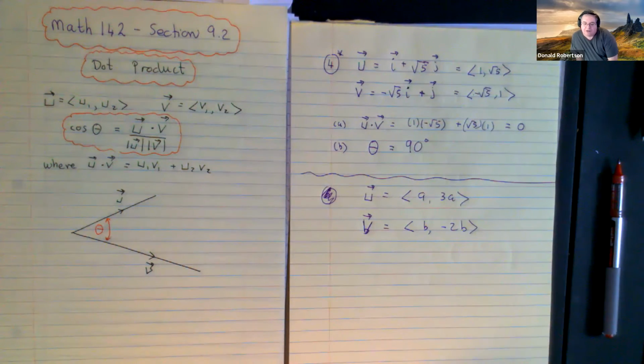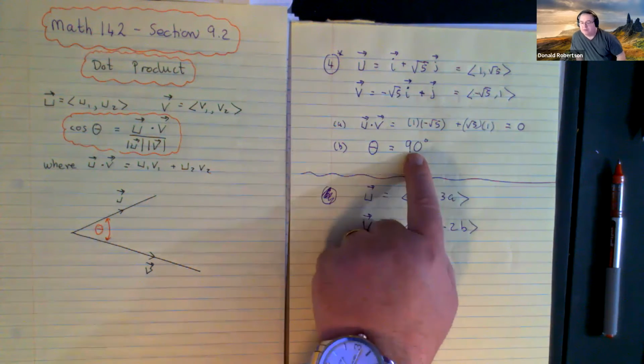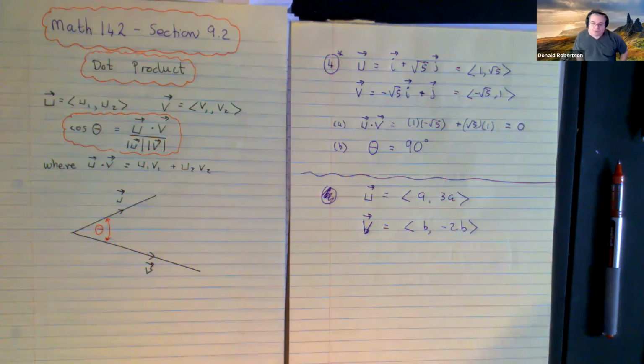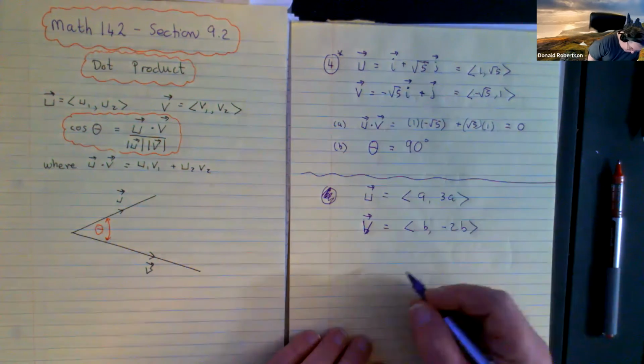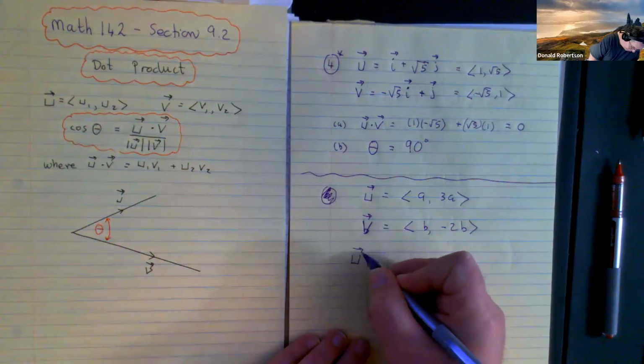And we're going to see what the dot product is, and see how far we can get in the answer. So we won't be able to tell a degree, perhaps not, but we'll try and do as much as we can. So let's do the dot product.